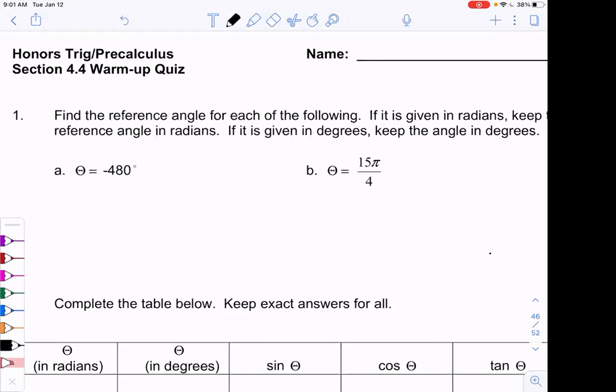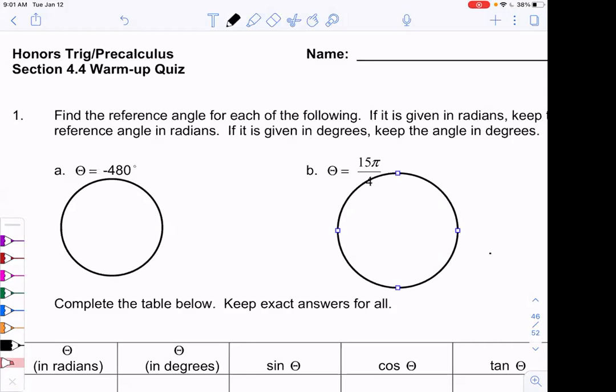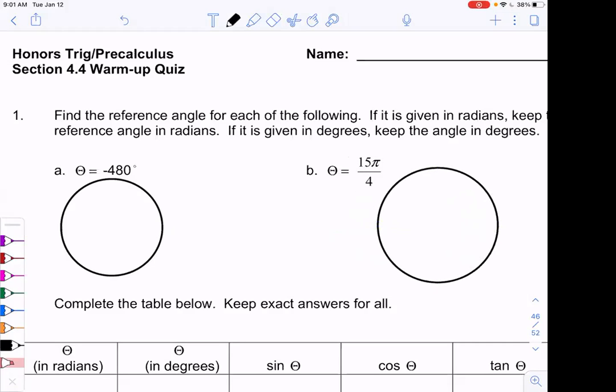So our first angle is negative 480 degrees. It's degrees, so keep it in degrees. The second angle is 15 pi over 4. Again, that's radians, so keep it in radians. So find the reference angle for each of the following. It might help to draw a little sketch. So think about negative 480 degrees.